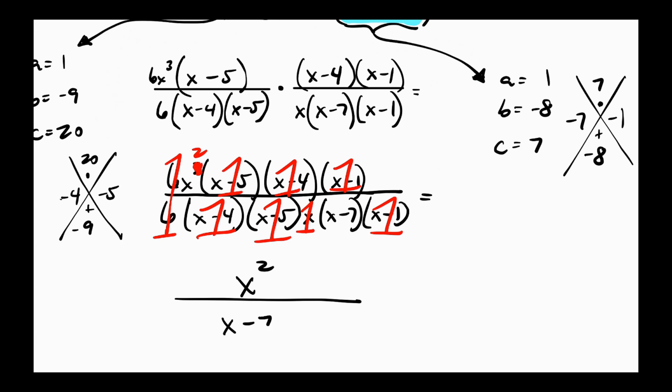On bottom, I have x minus 7. A lot of stuff canceled out. So if you do factoring well, the rest of it's easy, or easier, I should say.